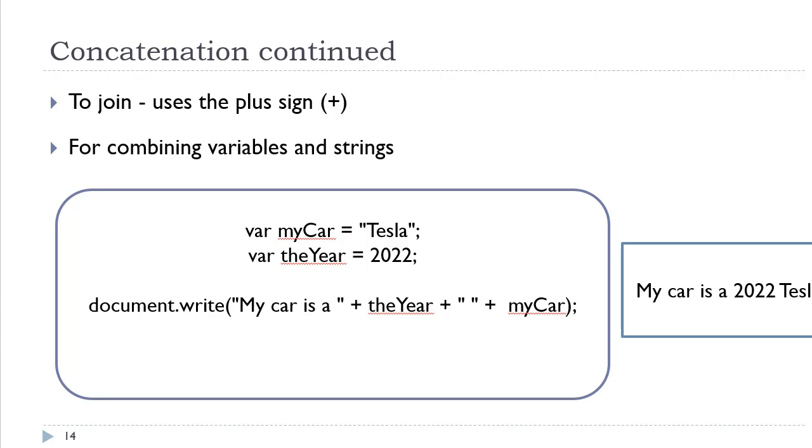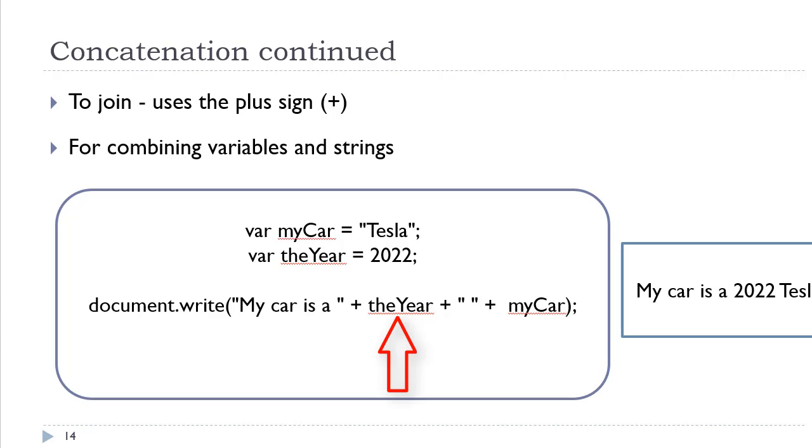Here we have another example of concatenation, and now we are using two variables. We have myCar equals Tesla, and we have the year equals 2022. Notice that I chose not to enclose 2022 in quotes. I am using it purely as a number. So if I wanted to display the sentence, my car is a 2022 Tesla, I could do that in JavaScript by concatenating the string expression, "my car is a", with the variable, the year.